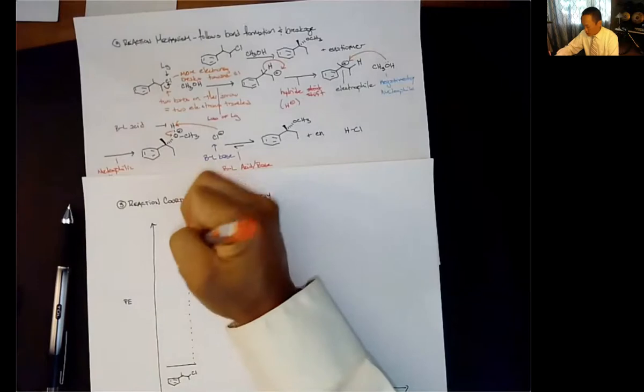And as the reaction needed to progress, it needs to pass through some type of transition state in order to achieve that carbocation state.